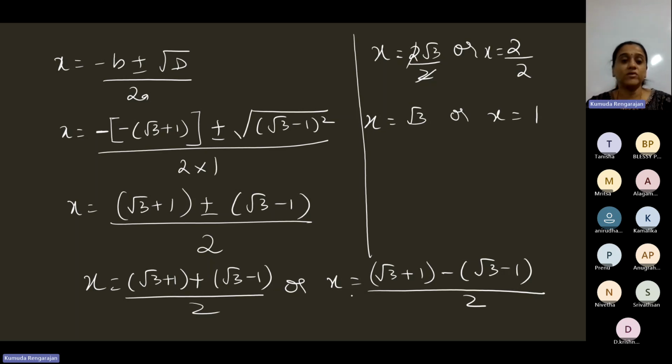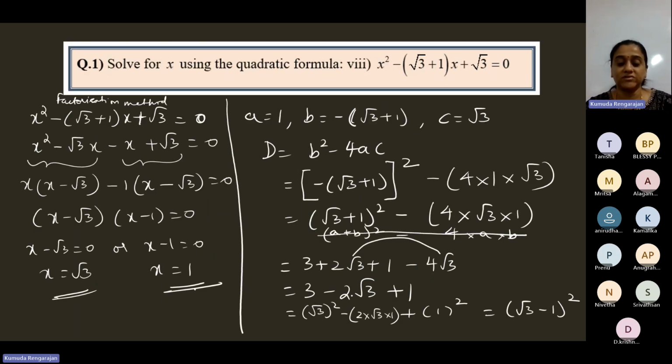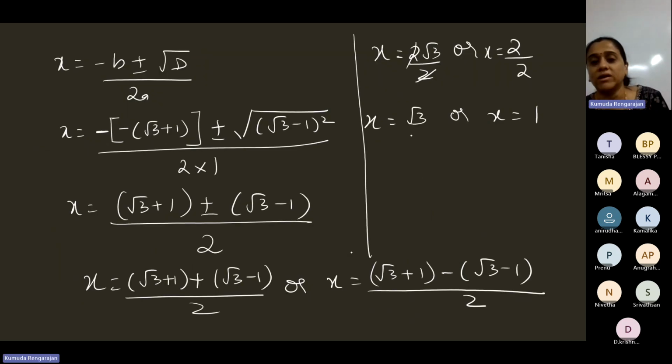This one we easily got by factorizing here: x is equal to root 3, x is equal to 1. But if you're asked to solve using the quadratic formula, you should remember that you should not add 3 and 1. But if you use the identity, a plus b the whole square minus 4ab, you will directly get a minus b the whole square.